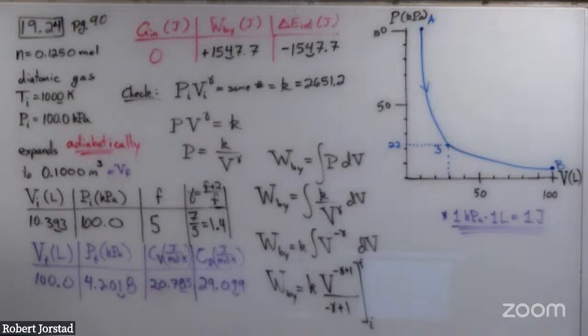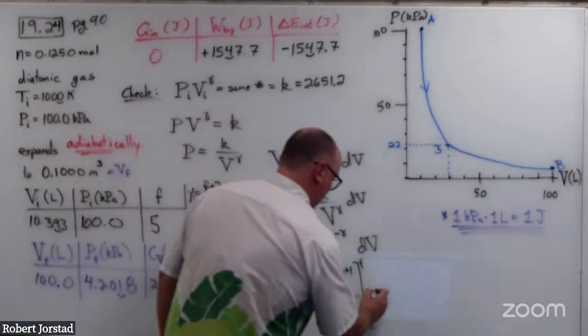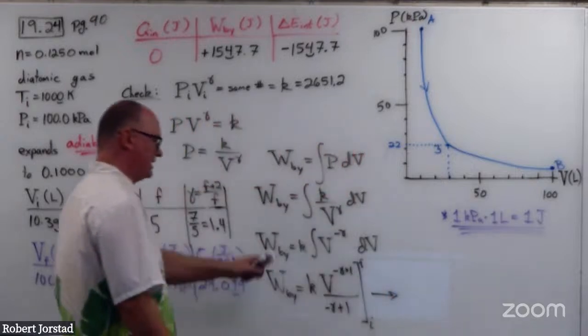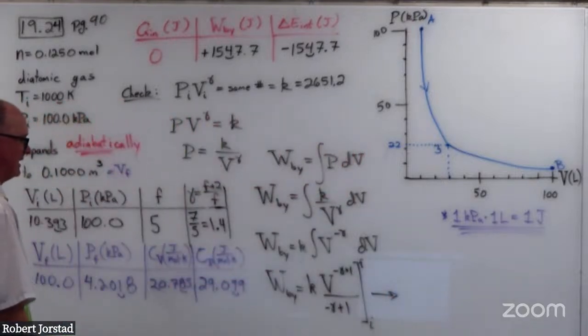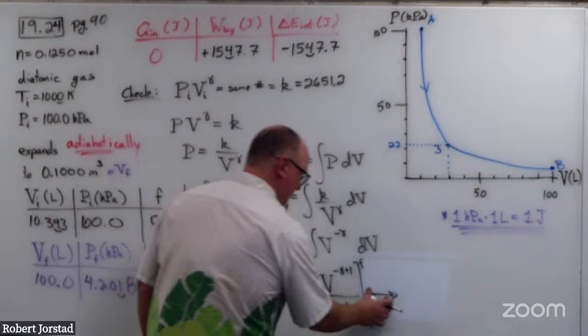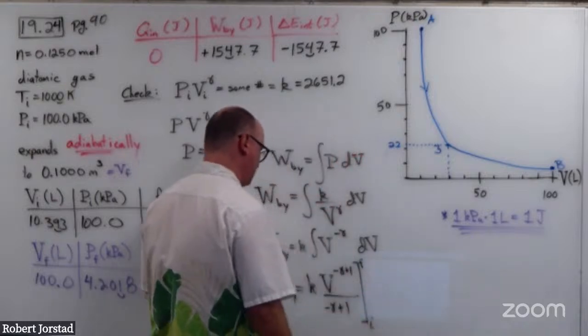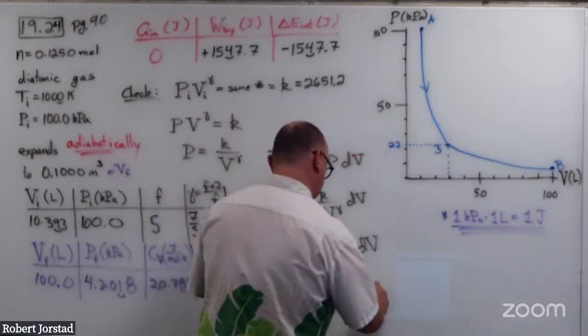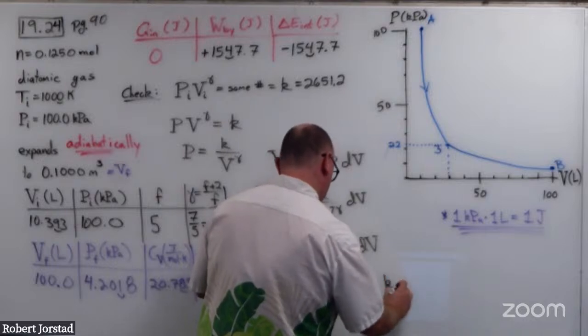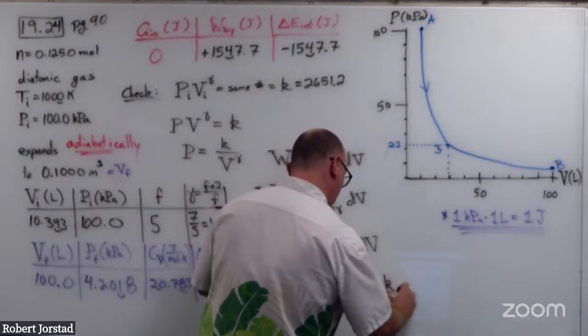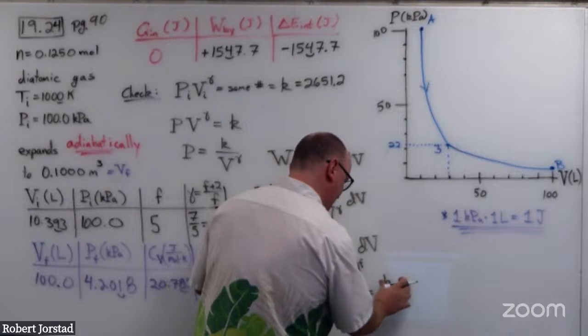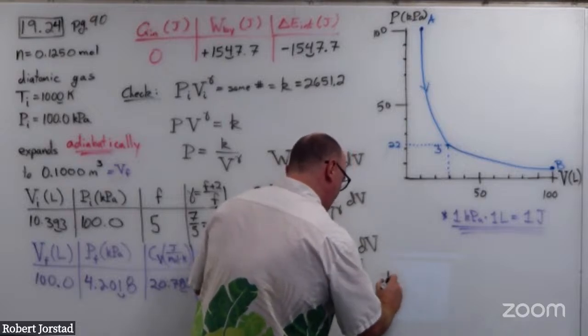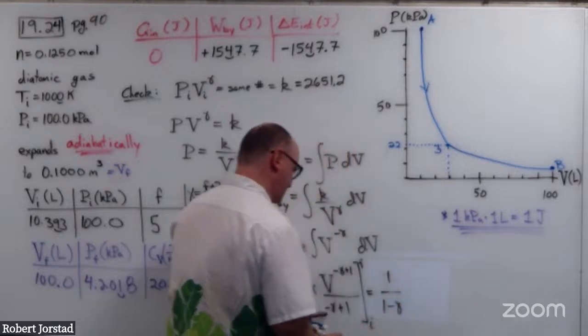When I do that, I guess you could keep working this out. All right, let's do it. Stop being lazy, Rob. So I'm going to say it's K over, actually, I'm going to do it this way. 1 over 1 minus gamma, that's this term.